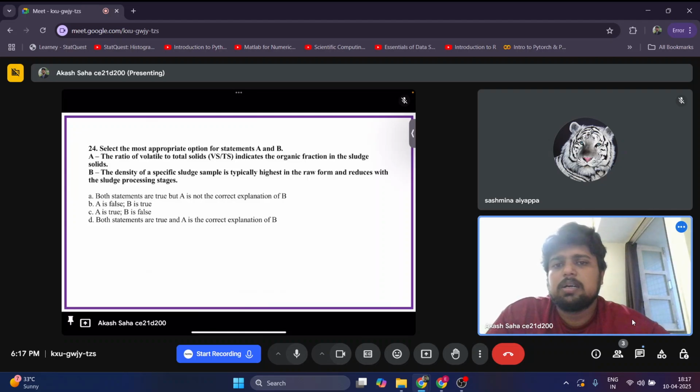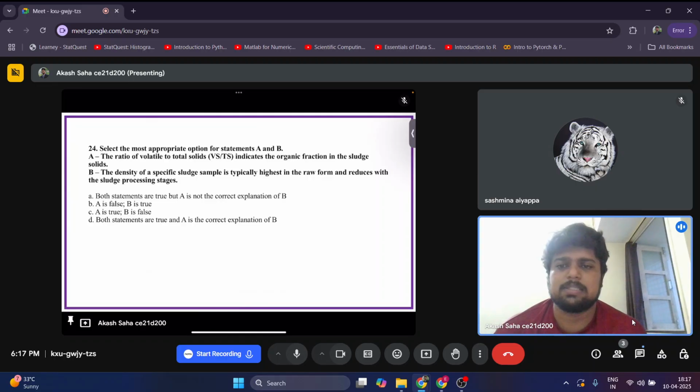Whereas statement B says that the density will decrease with the sludge processing stages. As you know, the sludge processing steps try to reduce the water content and increase the solid content. So once the solid content is increasing through the processing stages, the density will increase.